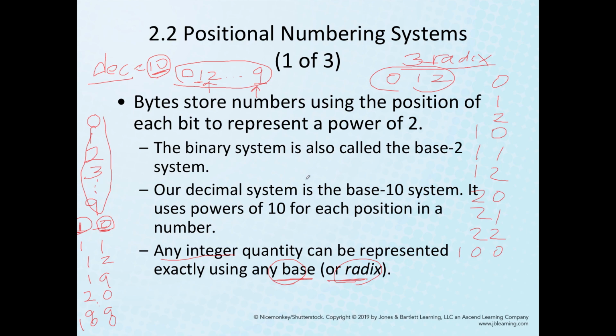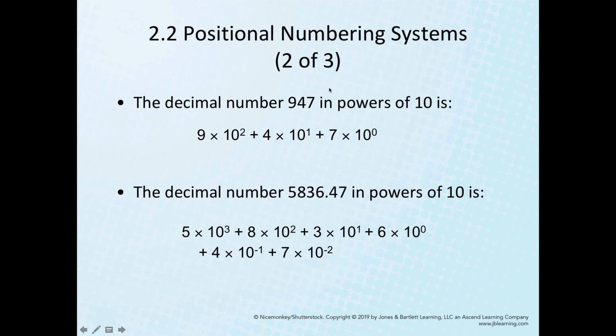In computing systems, the most interesting one in our study is binary, which is radix 2. In a radix 2 binary number, we use only 2 symbols, 0 and 1. In a positional numbering system, suppose we have radix 10, then each position has a weight. Here, the first position, second position, and third position: the 7 in this position has a weight of 10 to the 0th power, which means 1.